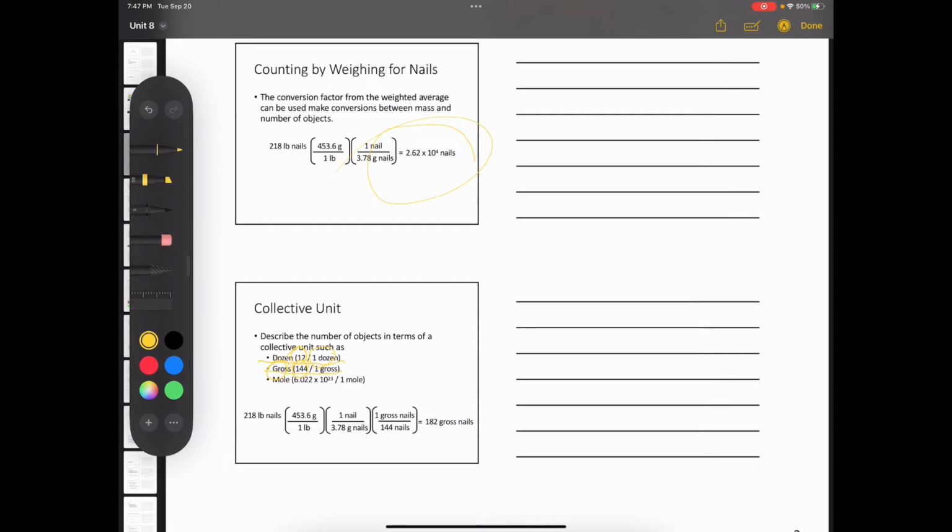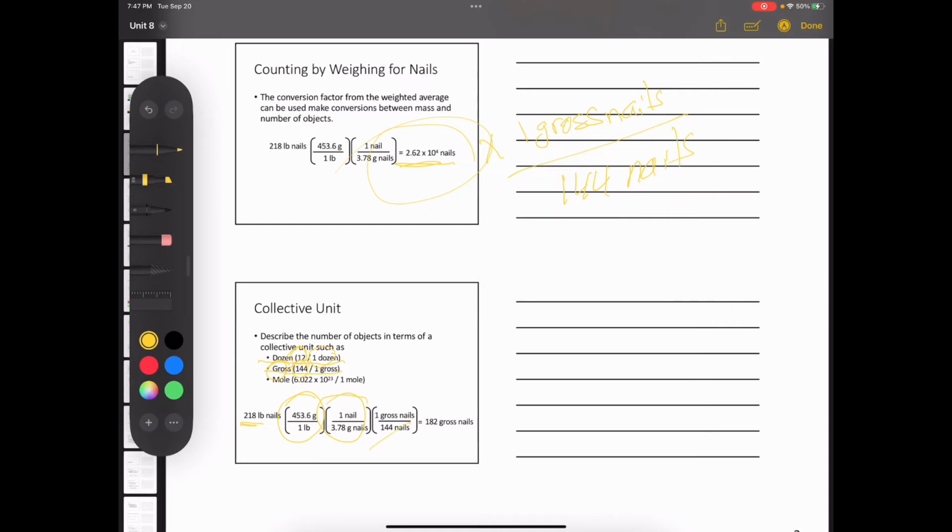So, for example, if I want to convert the 2.62 times 10 to the power 4 nails to a gross, what I need to do is start again with 218 pounds, convert that to grams, and then convert that to a count of nails, and then basically take the 2.62 times 10 to the power 4 and multiply that by 1 gross nails per 144 nails.